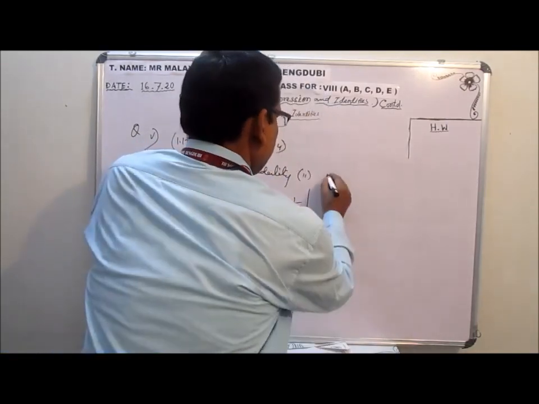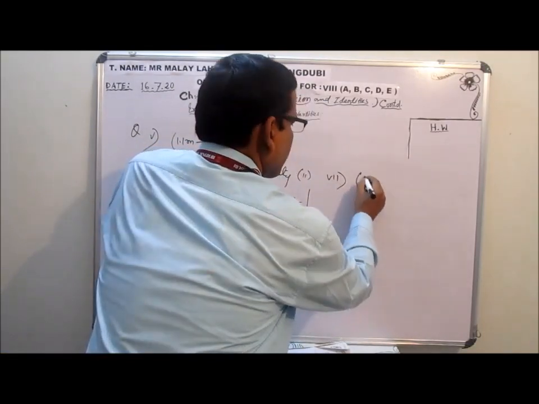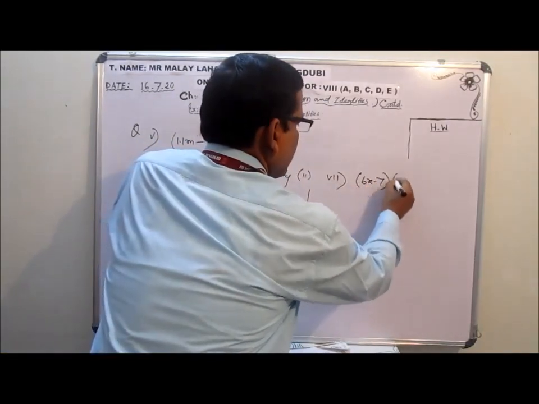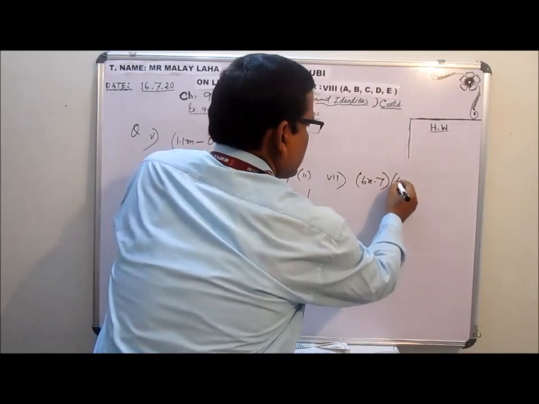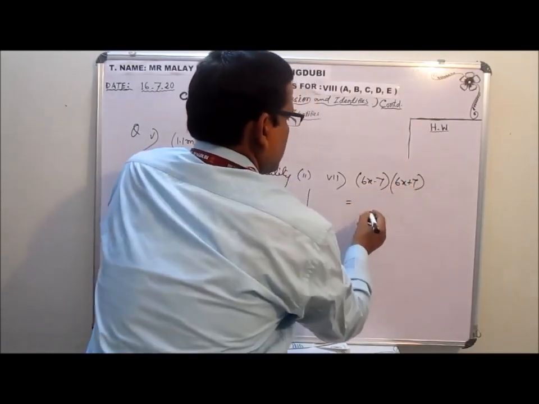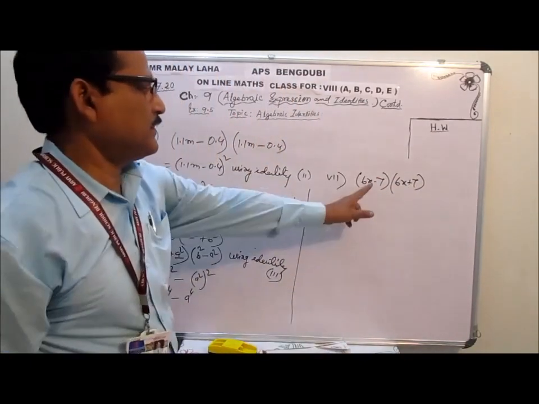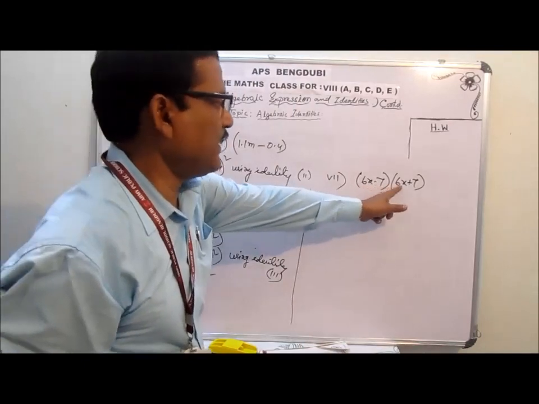So now the next question is (6x minus 7) into (6x plus 7). Clear? So it is coming as (a minus b) into (a plus b).